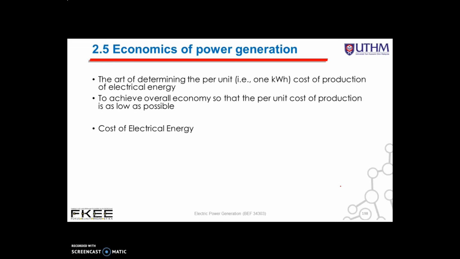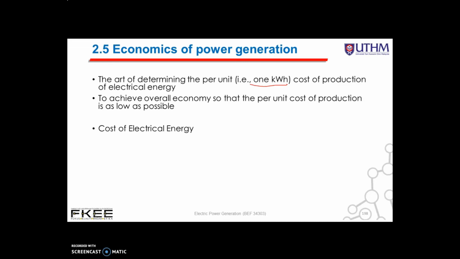Okay, so the economics of power generation is the art of determining the per unit cost of production of electrical energy, for example the cost of 1 kilowatt hour. The economics of power generation has assumed great importance in this fast developing power plant engineering.